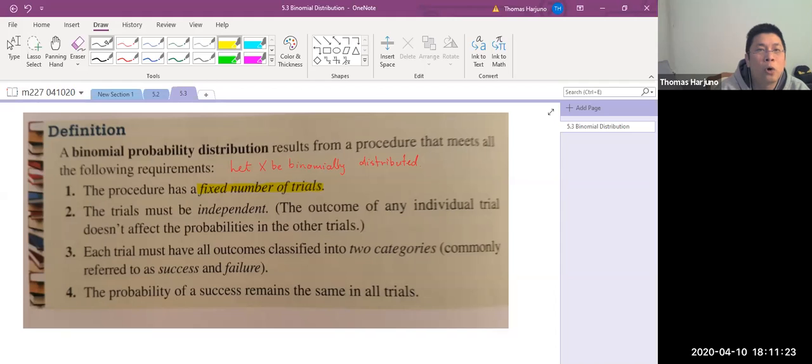We usually call that number of trials lowercase n. Second, the trials must be independent, which means the outcome for any trial does not affect the outcome of other trial.